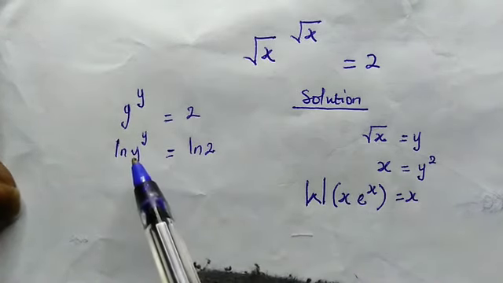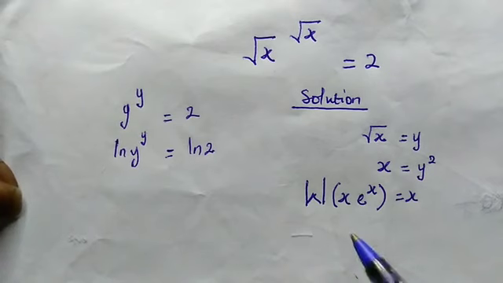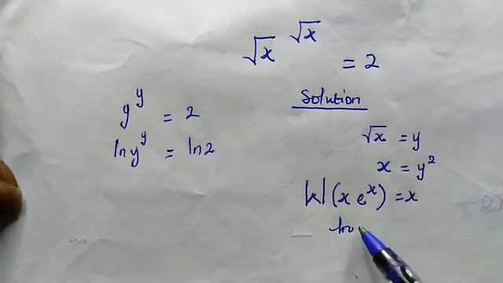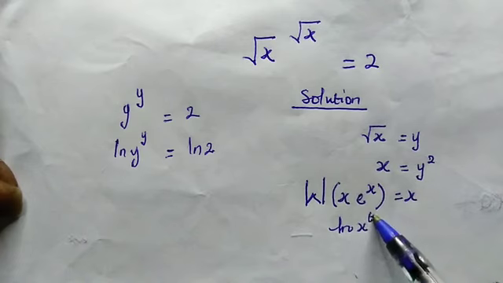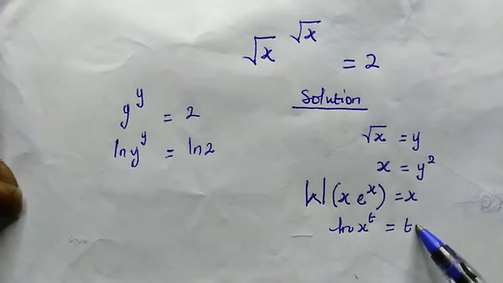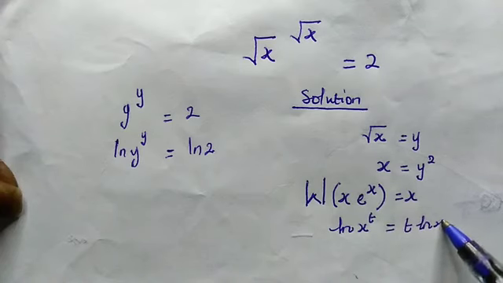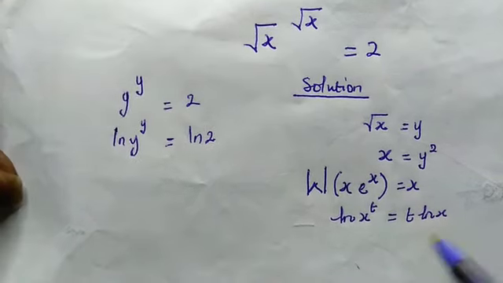Now with the property of the natural logarithm, that the ln of, let's say we have x raised to the power of t, this is equal to the power crossing over, we have t times the ln of x, right?